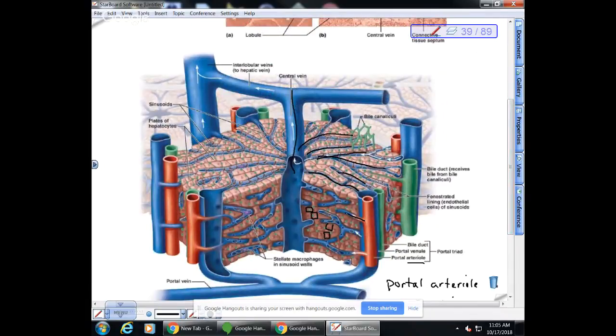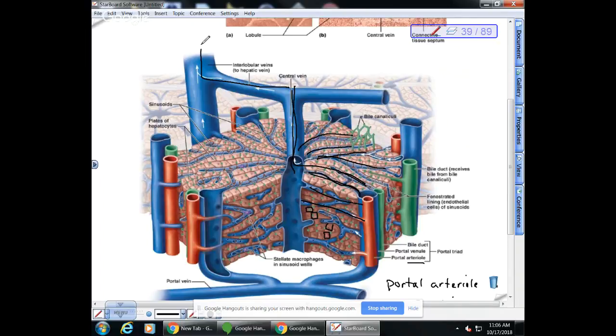So the blood flow would all come out the central vein, and then it would come out of the liver eventually and go back to the heart, where it will be pumped back out to the body. We also have macrophages. Notice that there's macrophages in these little ducts, and so they can help to break down things that should not be in the blood, and they can also help in destroying toxins.